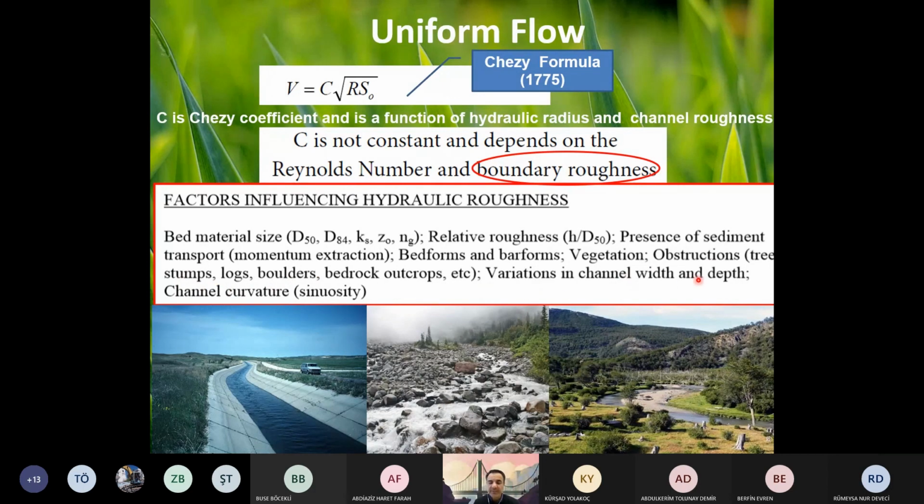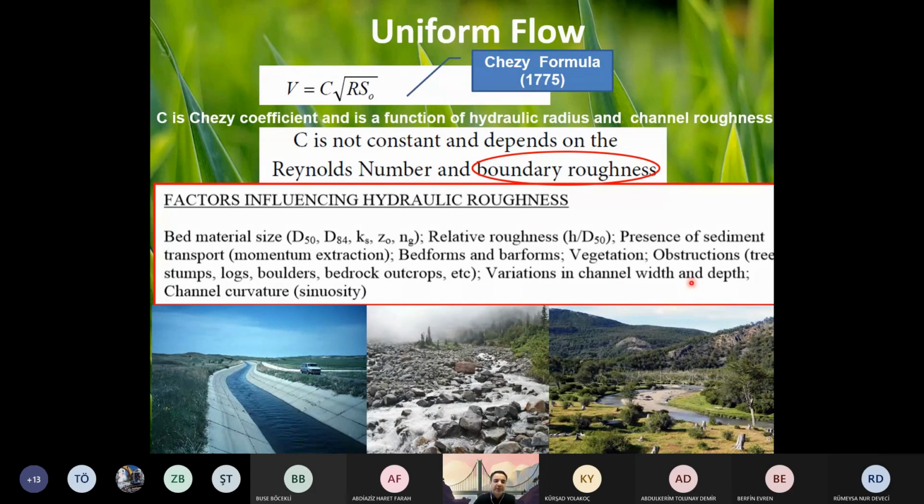Variation in channel width and depth. Yes, you remember in hydraulics, from fluid mechanics, we had, for example, a sudden decrease, a sudden increase in the diameter or change in the diameter. These are variations in channel width and depth.